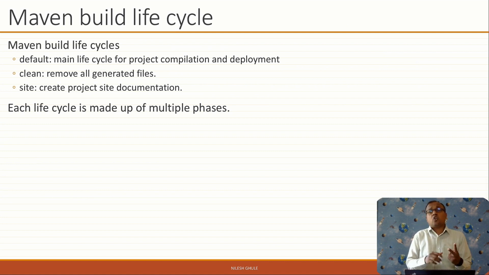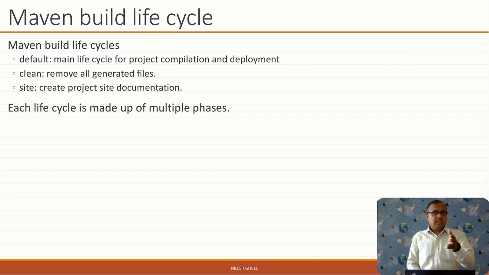There is a second one called clean, which deletes all auto-generated files during the compilation process like .class files, some XML files along with properties files, or for that sake some of the packages and all that. So those get deleted. And the third one is site, which builds the project site documentation for you.